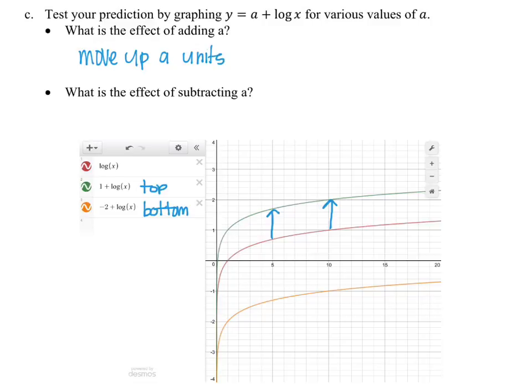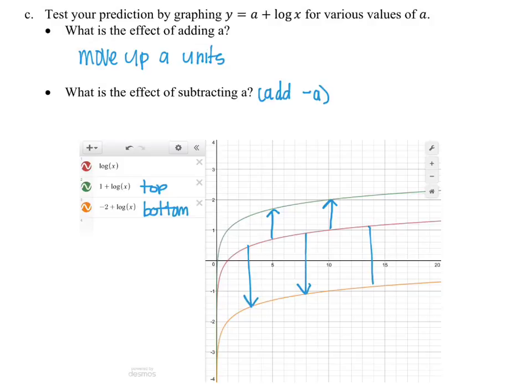If I subtract a, or that's the same thing as adding negative a, I notice that my graph moves down.